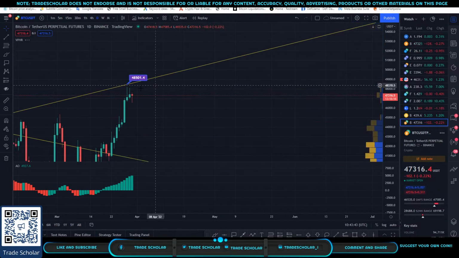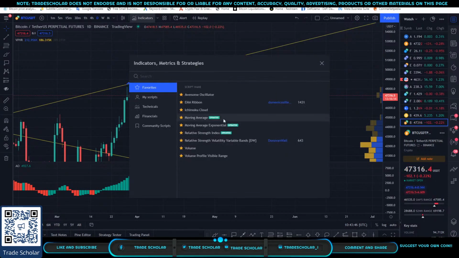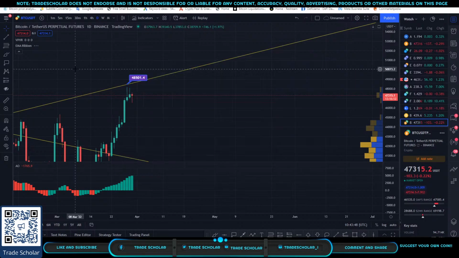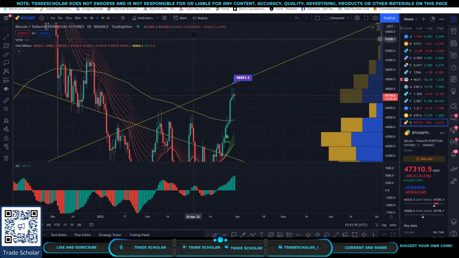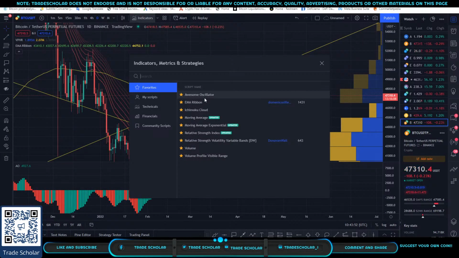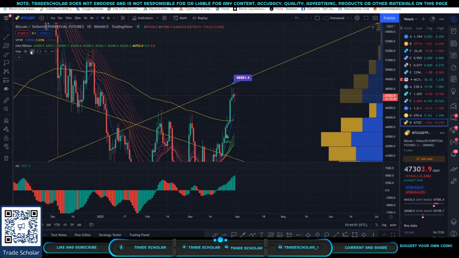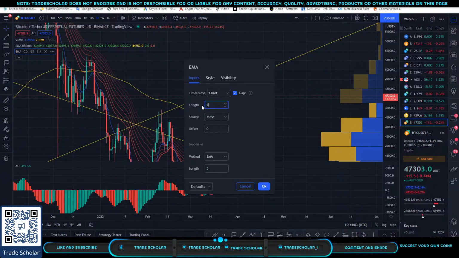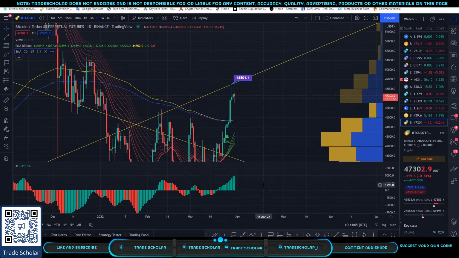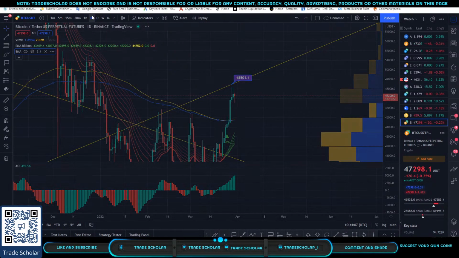Okay, so high volume node right here, daily time frame. We have been rejected here. EMA ribbon, we are below. Moving average, EMA.